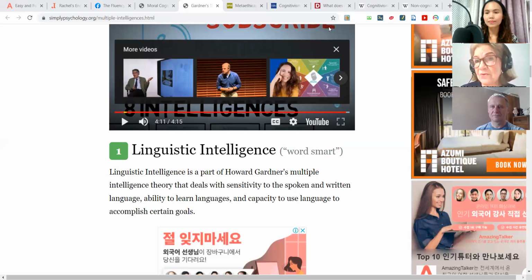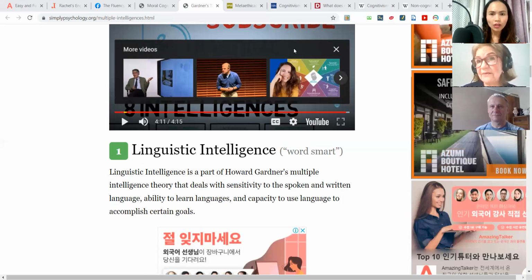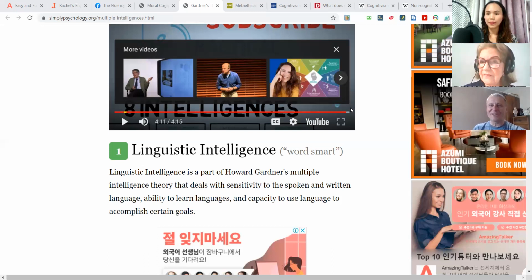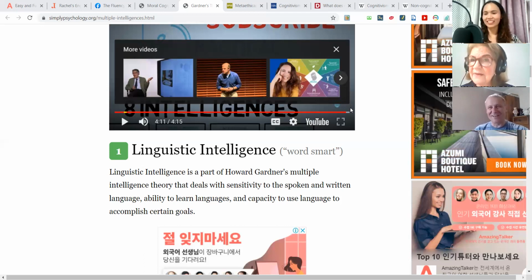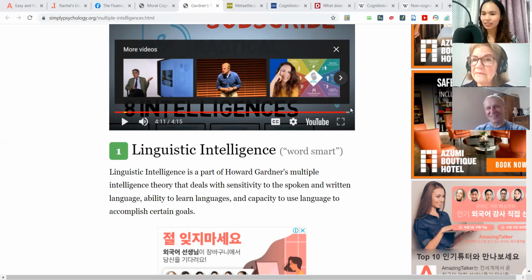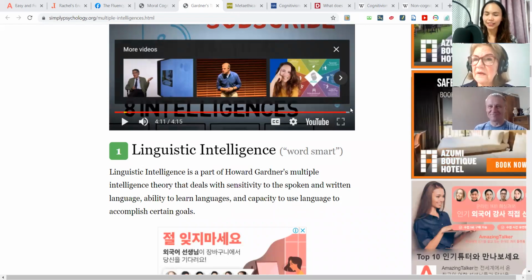It has to do with languages, right? Yeah, that's true. Yes, absolutely. All English learners have language intelligence somehow, because they study and learn English. How about you?